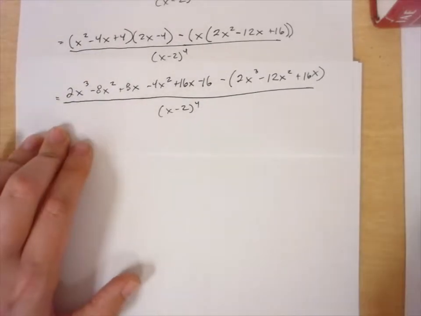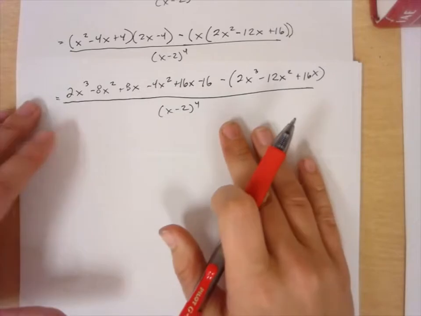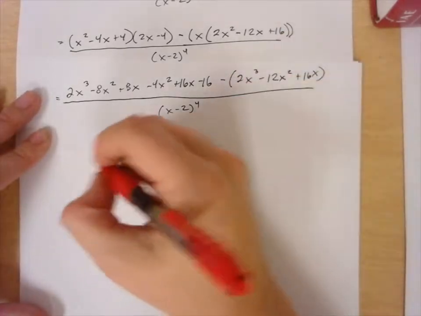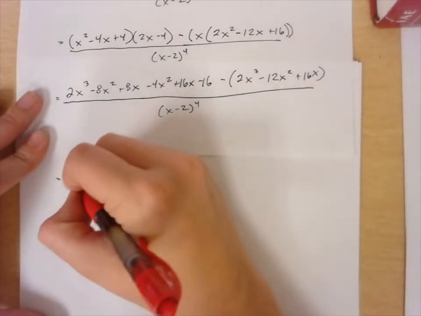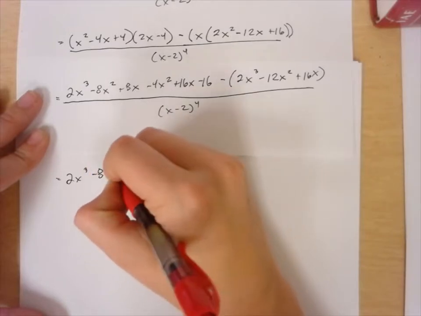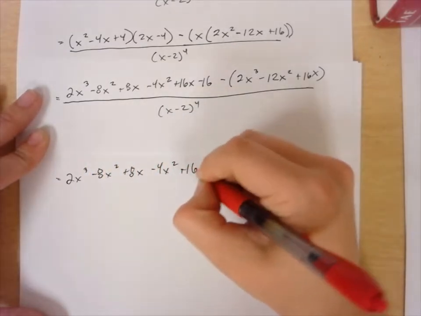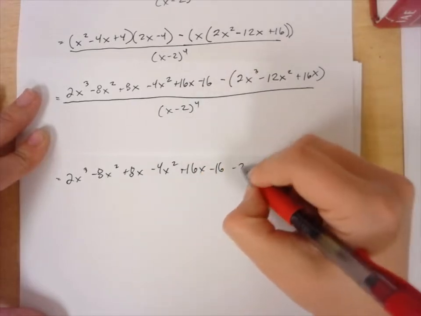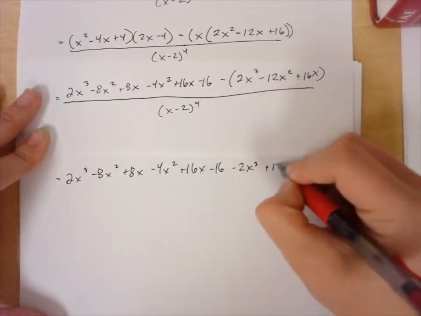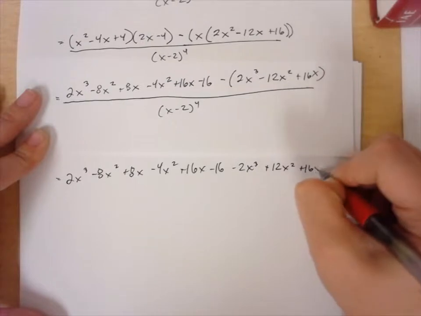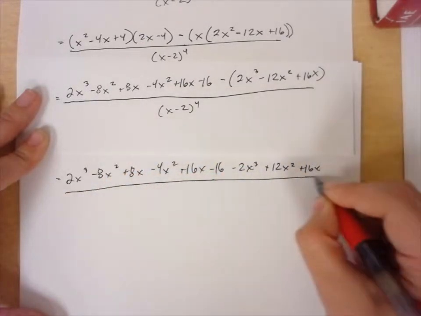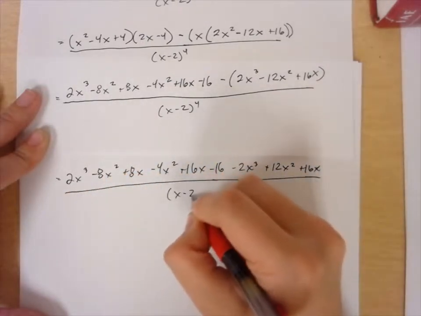Cool. Now, what's going to happen is, first I'm going to distribute that negative, so I'm going to have 2x cubed minus 8x squared plus 8x minus 4x squared plus 16x minus 16 minus 2x cubed plus 12x squared plus 16x all over x minus 2 to the 4th.